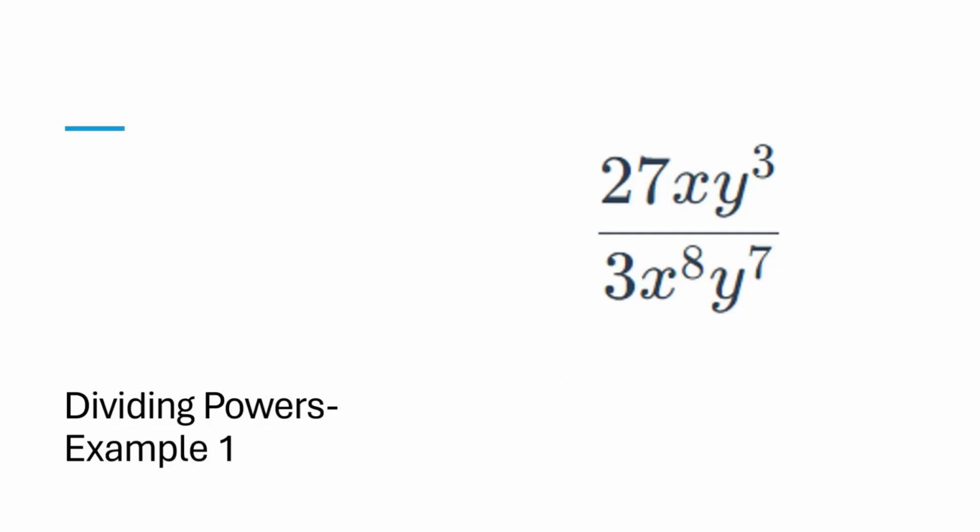All right, now what we're going to look at is how to divide powers. And how do we divide powers? The first thing we need to do is recall the basic rule that is used to divide powers. We're going to have a to m divided by a to n. The rule is that we simply subtract the exponents. So this is going to be m minus n.